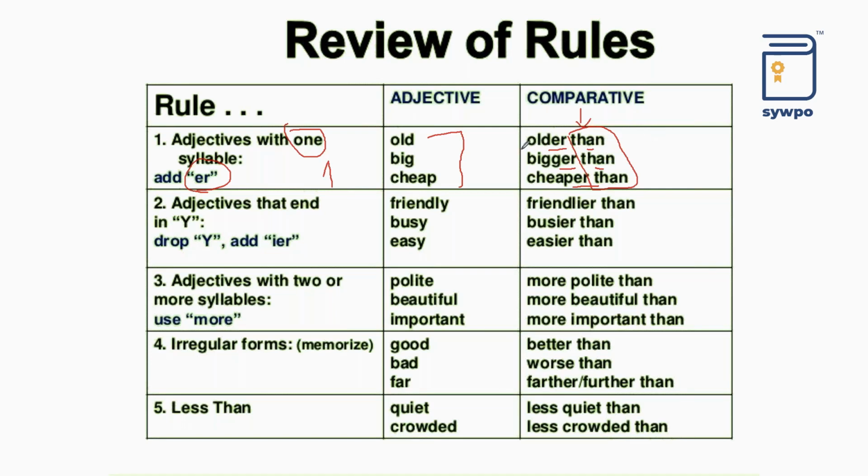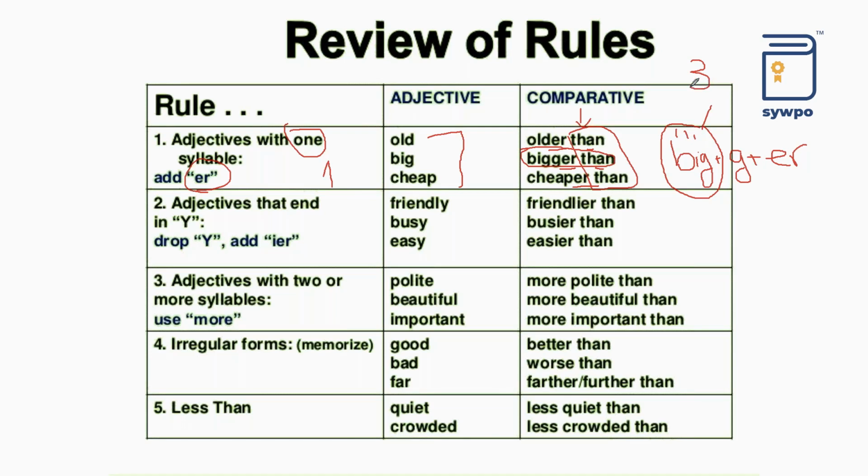Now, I want you to focus here. I have the word big, which is now with double G. Why do I have double G here and then ER? The reason is, how many letters do you see here? 3 letters, right? B-I-G, 3 letters.